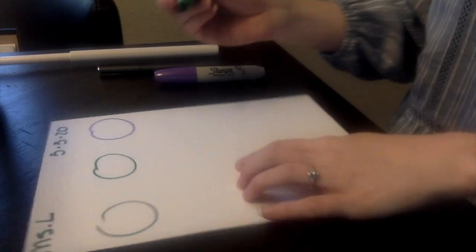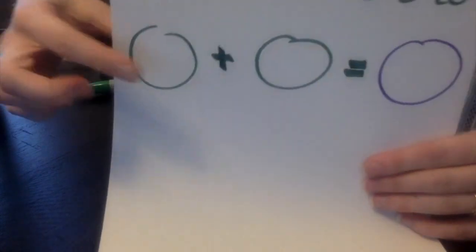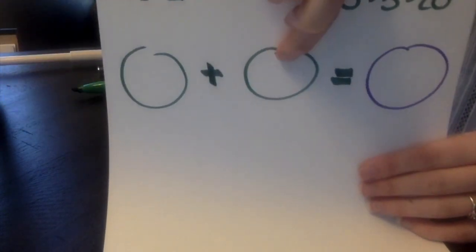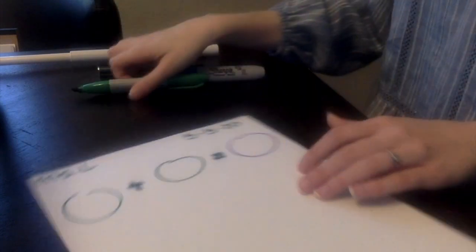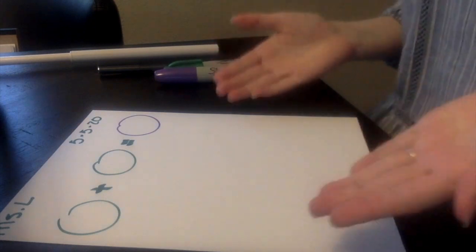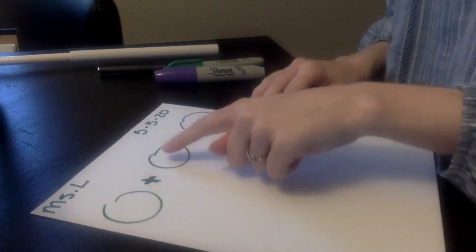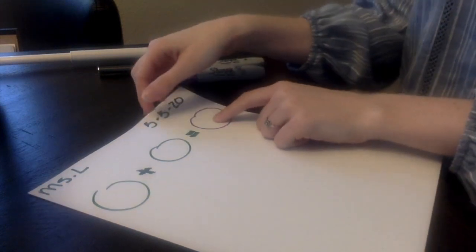And I'm making a math equation with a plus sign and an equal sign. So my paper has a green bubble plus a green bubble equals a purple bubble. And we're doing a math equation because molecules happen when I take two different elements and I put them together and I make something new.